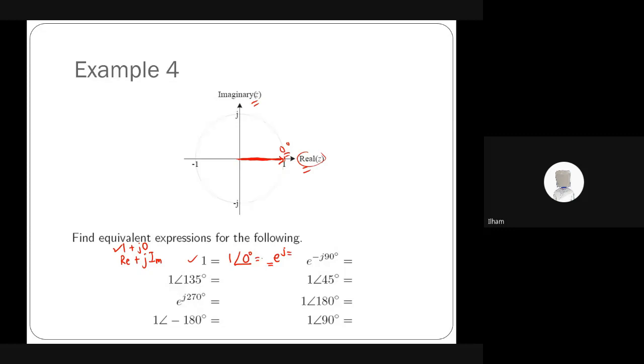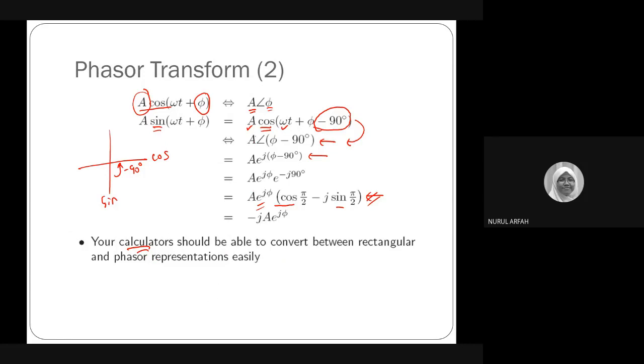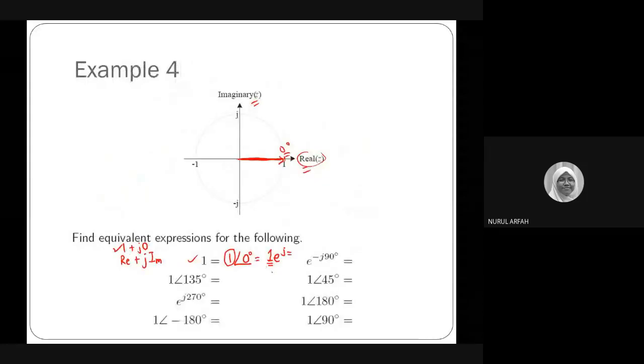Can you guess? You need the amplitude, right? So in front should be the amplitude, same as this one. This is the amplitude, and this is the phase, the theta. So if you want to write it in terms of exponential, this is the amplitude, and the j with what?